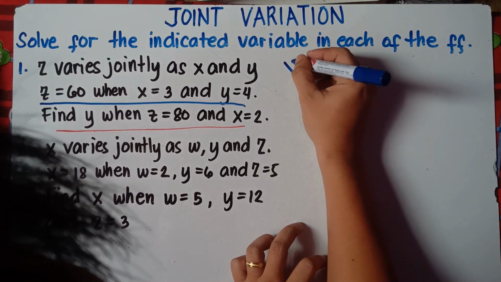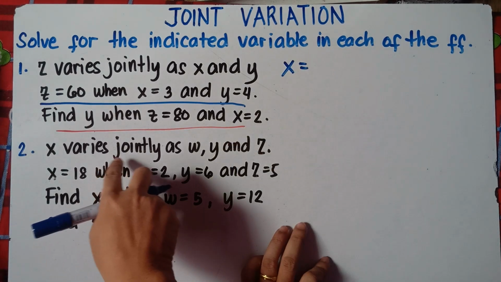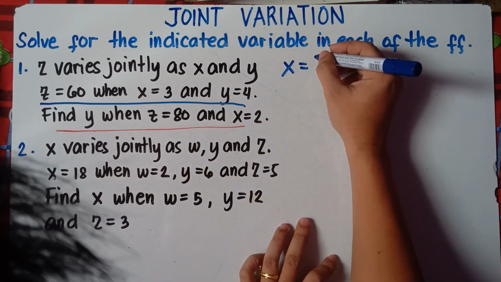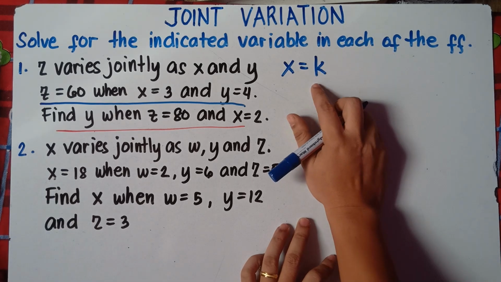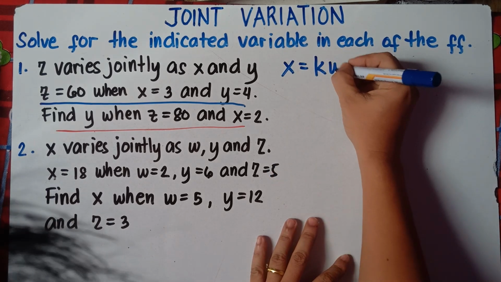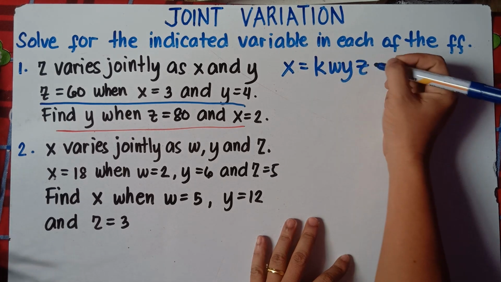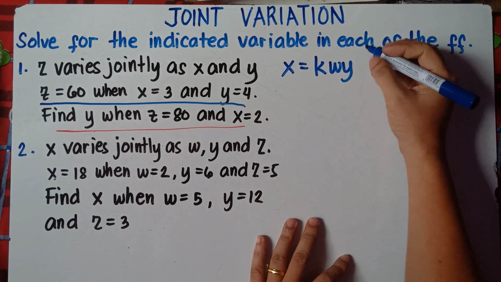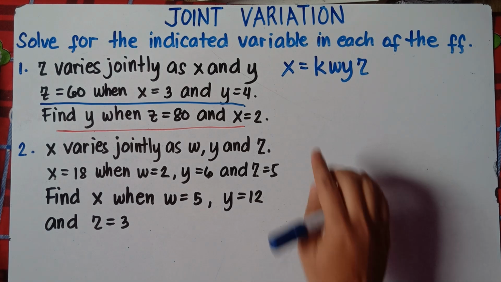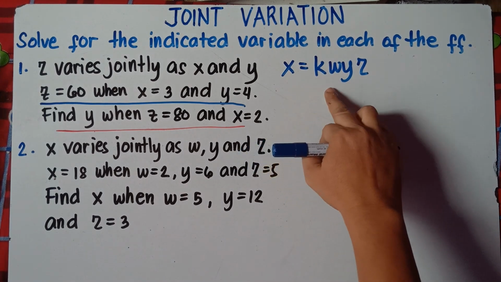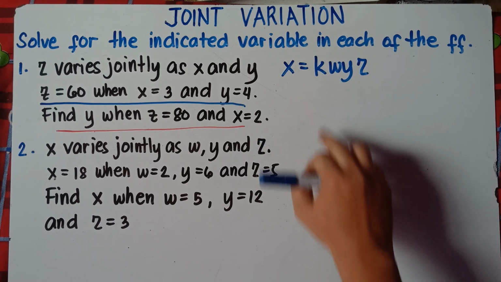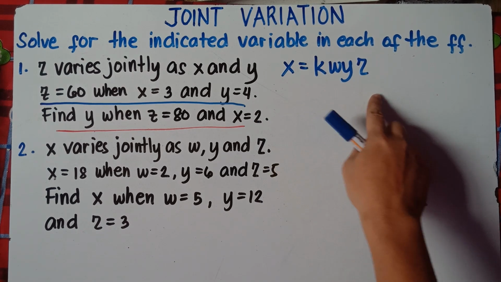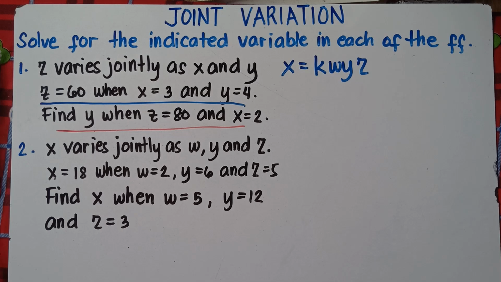Do not forget, class, there's always k, the constant. That's the equation, class. Very easy, right? X varies jointly as w, y, and z. Simply multiply all of the variables.